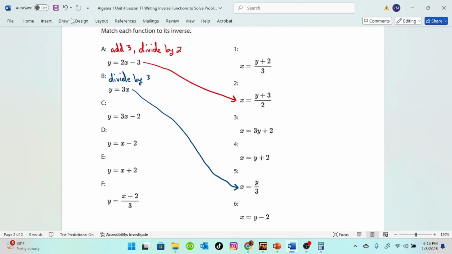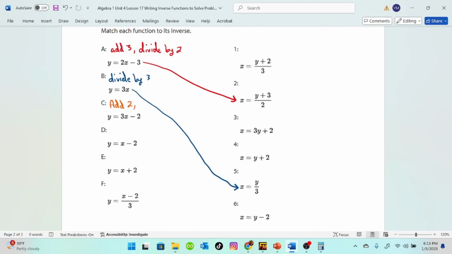Next, C says y equals 3x minus 2. The opposite of subtracting 2 is adding 2. So our first step would be to add 2.